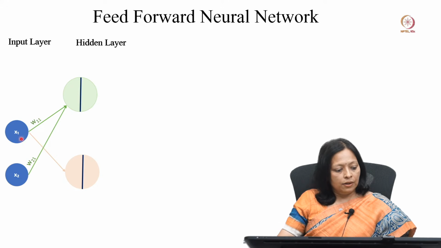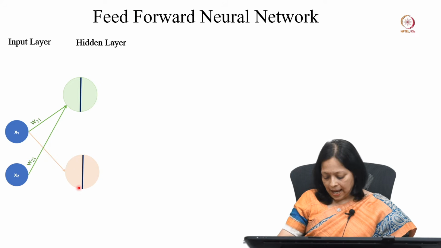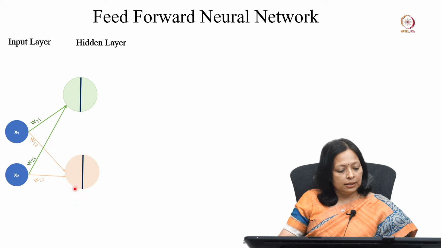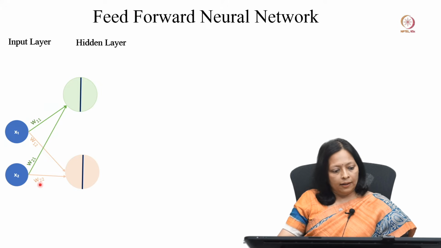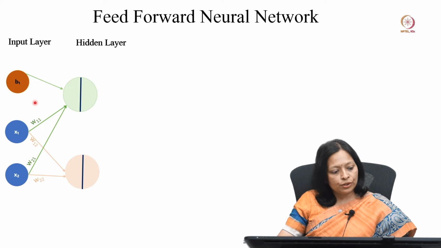Similarly, X1 is connected to the second neuron in the hidden layer and the associated weight is W12, and when X2 is connected to the second hidden layer neuron, the associated weight is W22. Then there is the bias term, which goes to both the neurons of the hidden layer.